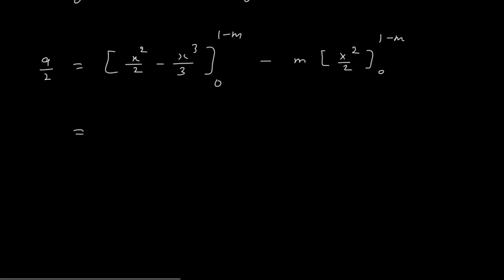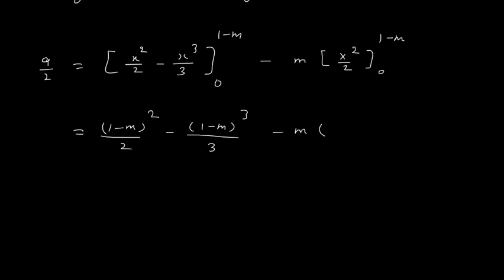Now in place of x I will replace 1 minus m. So, it is 1 minus m the whole square divided by 2 minus 1 minus m the whole cube upon 3. When I put 0, the whole term will become 0, and here it is minus m, in bracket 1 minus m the whole square upon 2, and when I put 0 it will be 0.